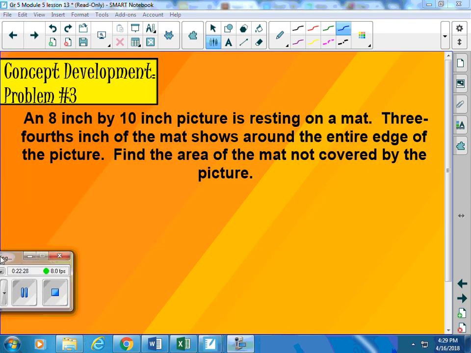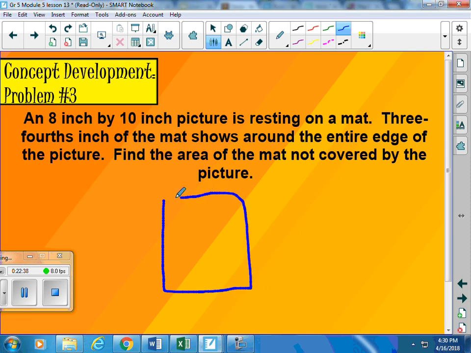Okay, so now I have number 3. An 8-inch by 10-inch picture is resting on a mat. Okay, so let's go ahead and just draw this picture. This is like a regular old picture frame. 8 by 10. That's the picture.